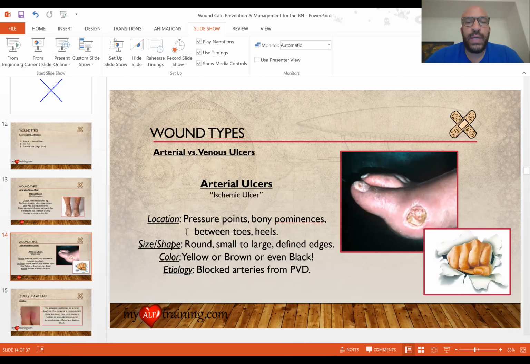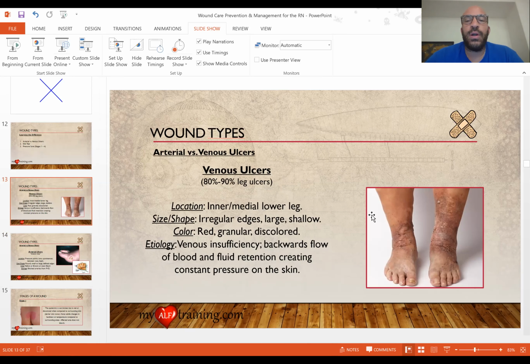So remember, arterial ulcers appear more punched out and occur in the feet. Venous ulcers occur in the lower leg and appear more irregular, covering large portions of the leg, and they're shallow.